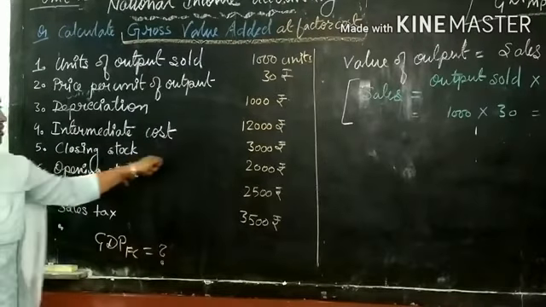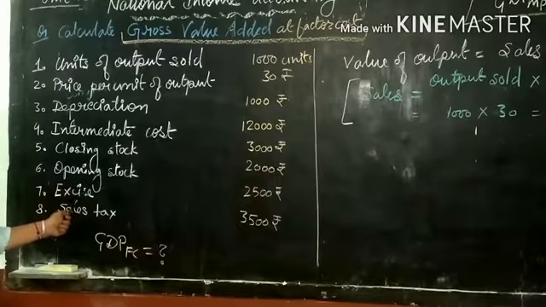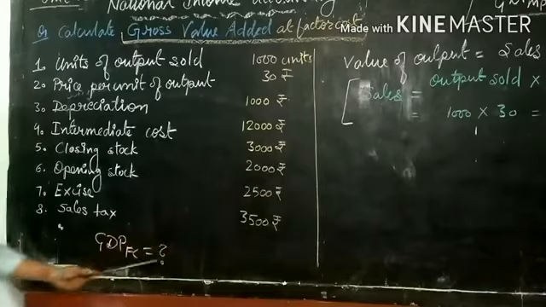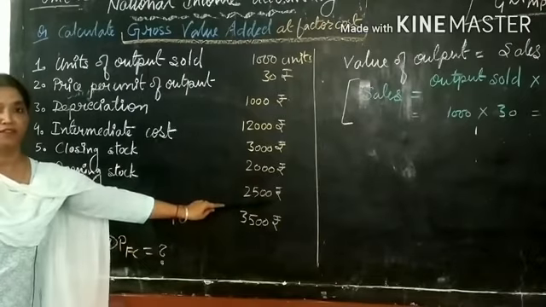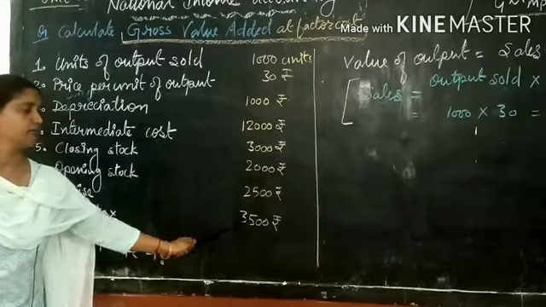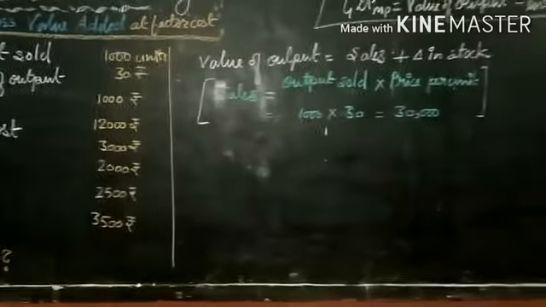Intermediate cost is 12,000 rupees. Closing stock is 3,000 rupees and opening stock is 2,000 rupees. Excise is 2,500 and sales tax is 3,500 rupees. We will use all these terms to calculate GDP at factor cost.